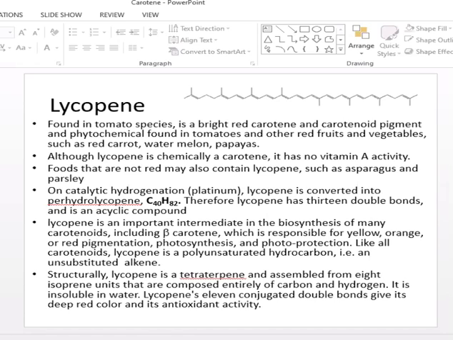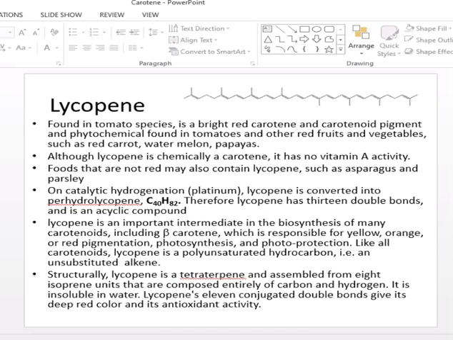Lycopene is chemically a carotene. It has no vitamin A structure. Foods that are not red may also contain lycopene, such as asparagus and parsley. Parsley is green and asparagus is light green.